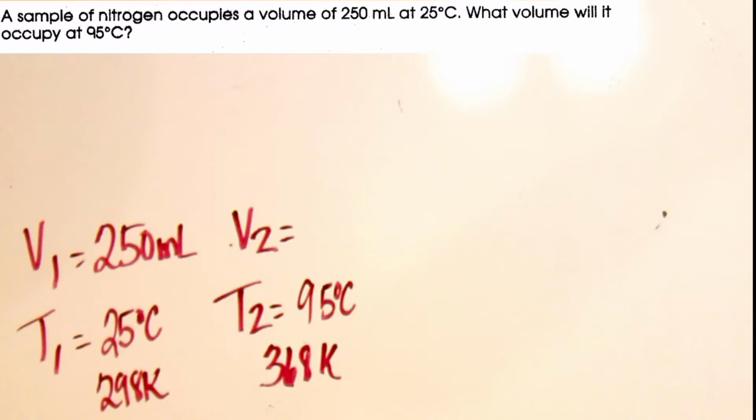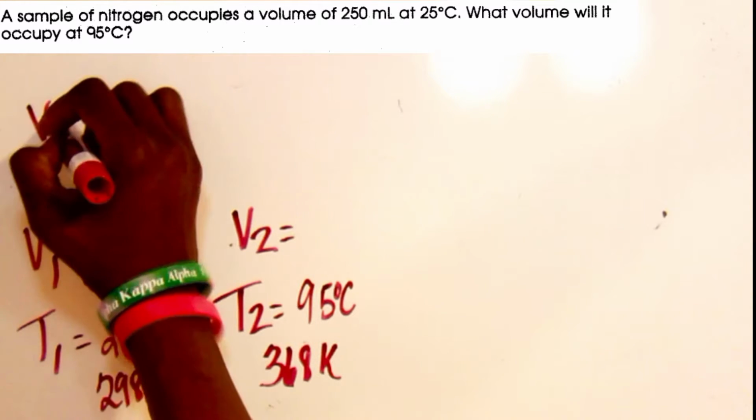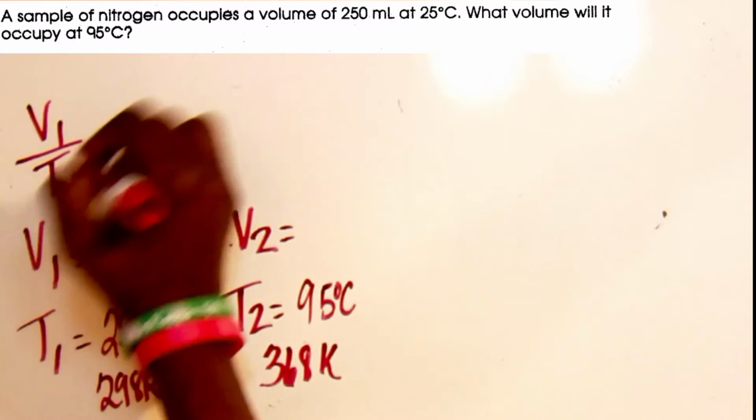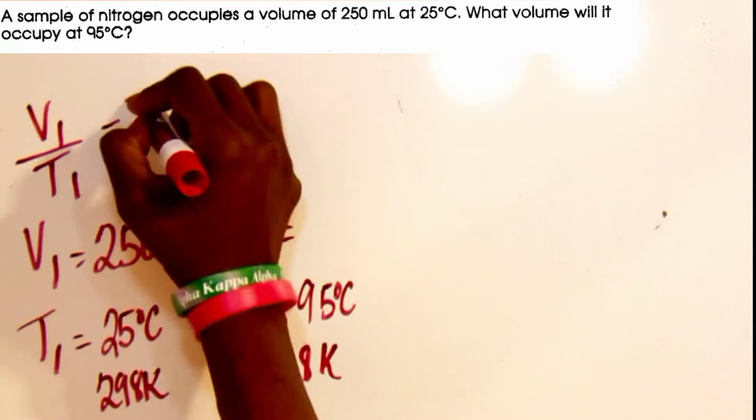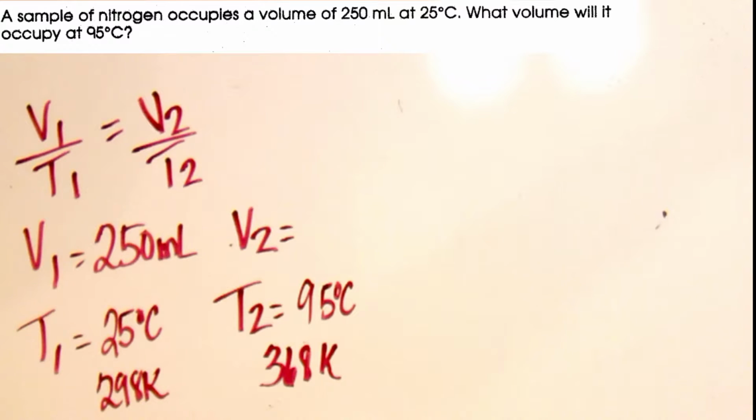The equation that we will use is V1 over T1 equals V2 over T2. This equation shows a direct relationship between volume and temperature.